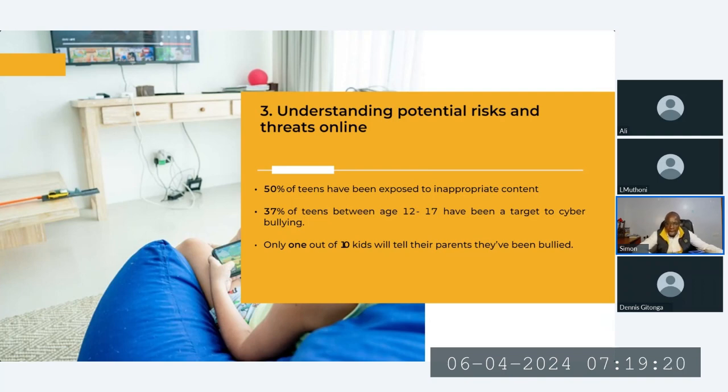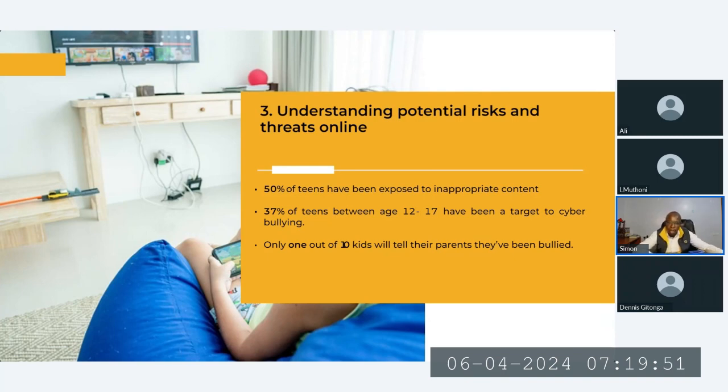It's also observed that 7% of teens between the ages of 12 and 17 have been targeted by cyberbullying. We know about bullying in the natural physical setup, whereby kids are bullied by adults or by their fellow children anywhere in the neighborhood. We have seen these bully cases, especially in high school.